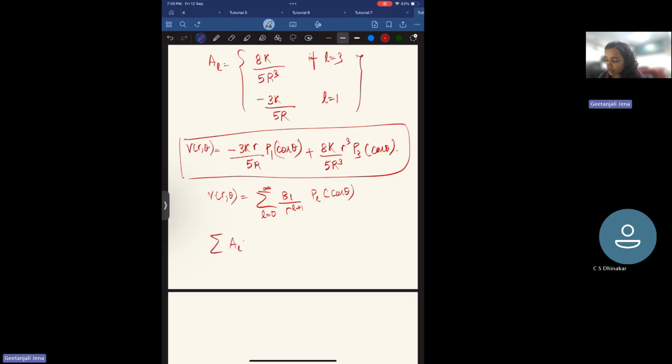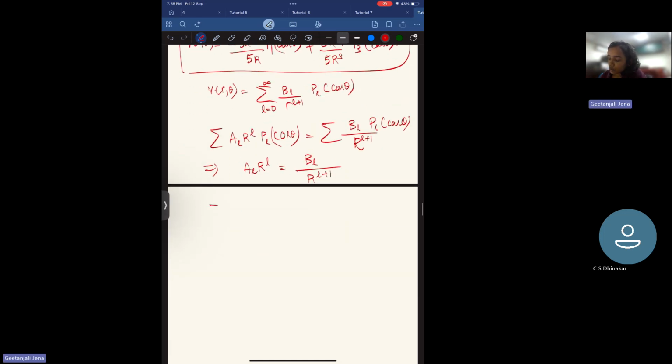So A_L R^L P_L cos θ should be equal to B_L over R^(L+1) P_L cos θ. So B_L is related to A_L by A_L R^(2L+1).